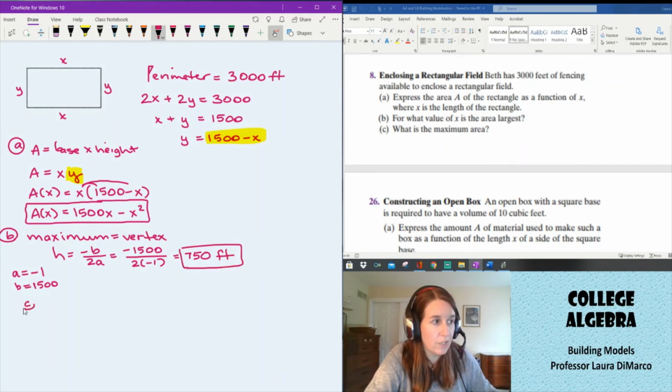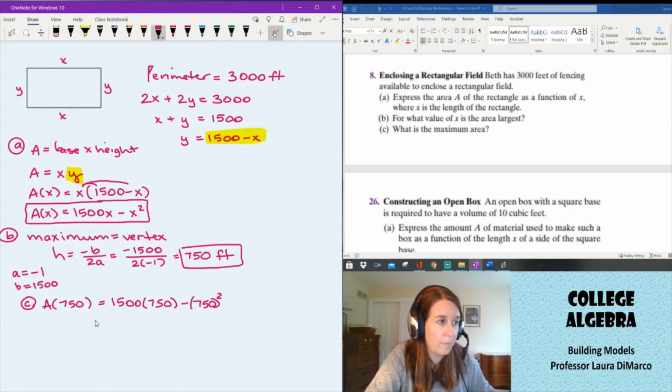For part C, to actually find the maximum area, we would take our equation again and plug in 750 feet for x. That's how we find the k, or the y coordinate of the vertex. So this would be the area at 750 feet. That's 1500 times 750 minus 750 squared.